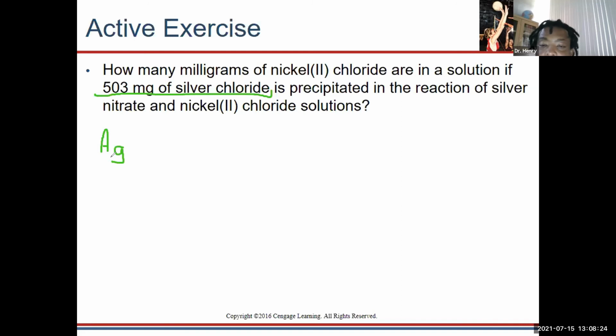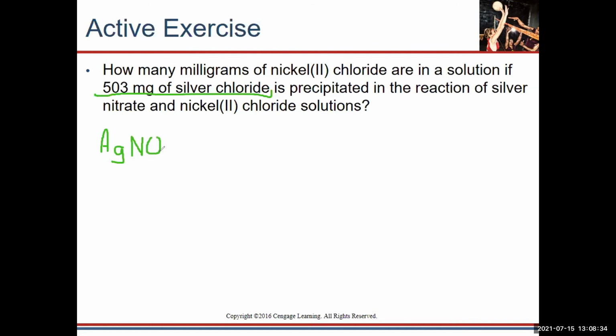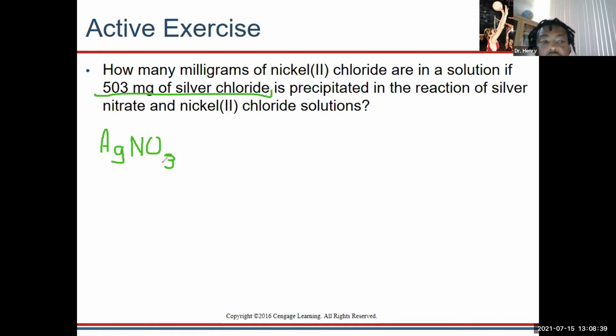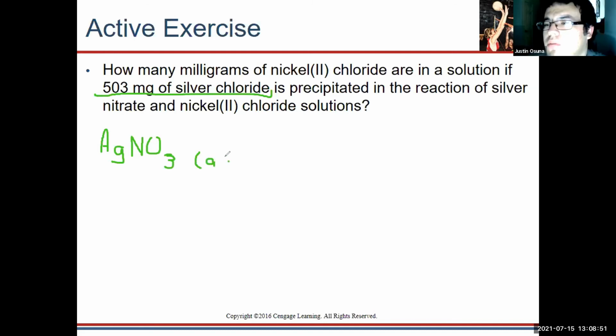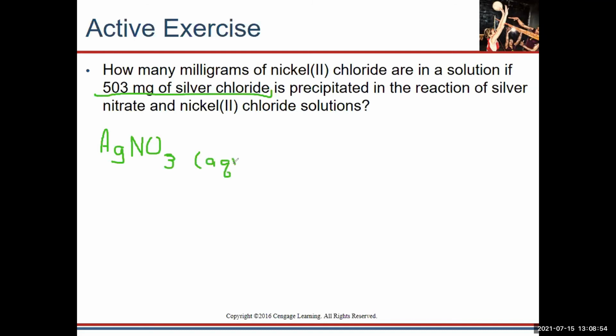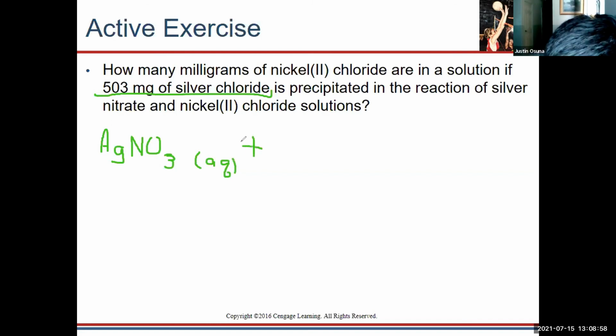AgNO3. And we know that silver, when it just says silver, it's always going to be silver 1, right? So AgNO3 would be silver nitrate. And it's a solution, so is that solid, liquid, gas, or aqueous? Liquid? Oh, aqueous. Aqueous.